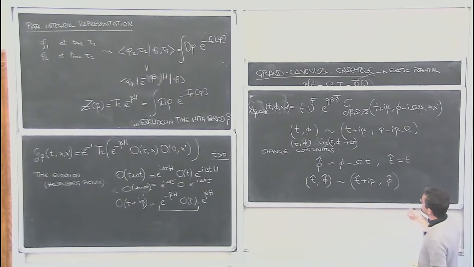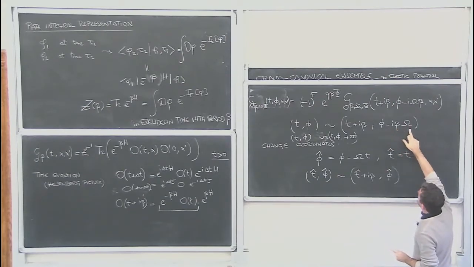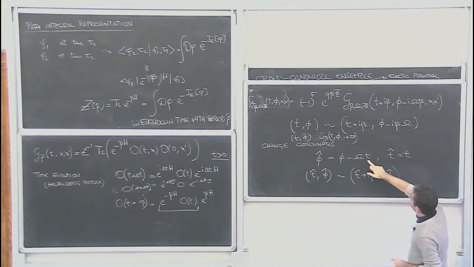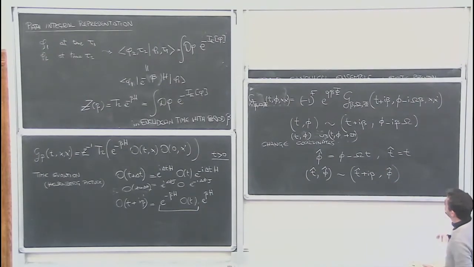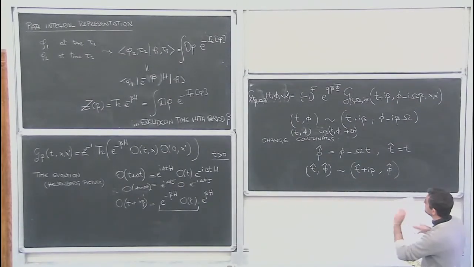Oh, since it's wrong, let's see. Phi goes into phi minus I beta omega, and t. Let me see. Let's check, because I've been messing around with these signs because I wanted something.